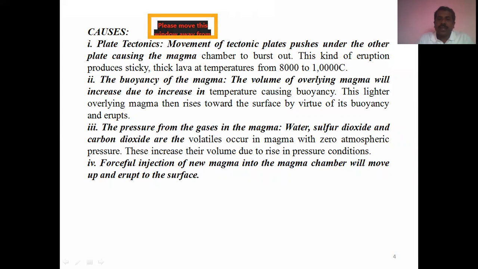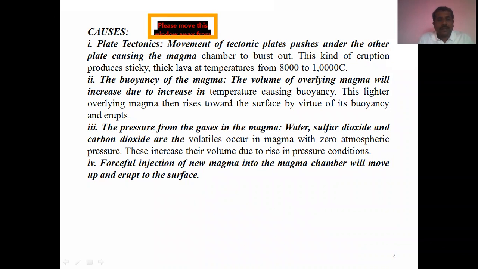Point number two, the buoyancy of the magma, also plays an important role. The volume of overlying magma will increase due to an increase in temperature, causing buoyancy. This lighter overlying magma rises towards the surface by virtue of buoyancy and erupts.